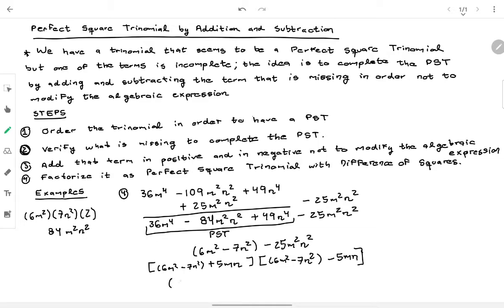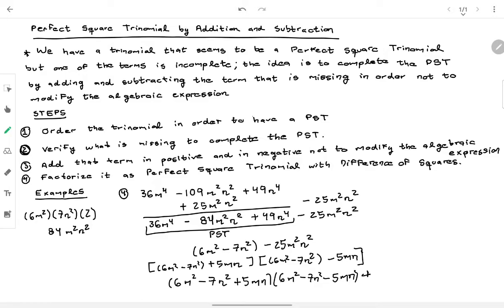So it's going to be 6m squared minus 7n squared plus 5mn, that multiplies 6m squared minus 7n squared minus 5mn, I'm sorry.